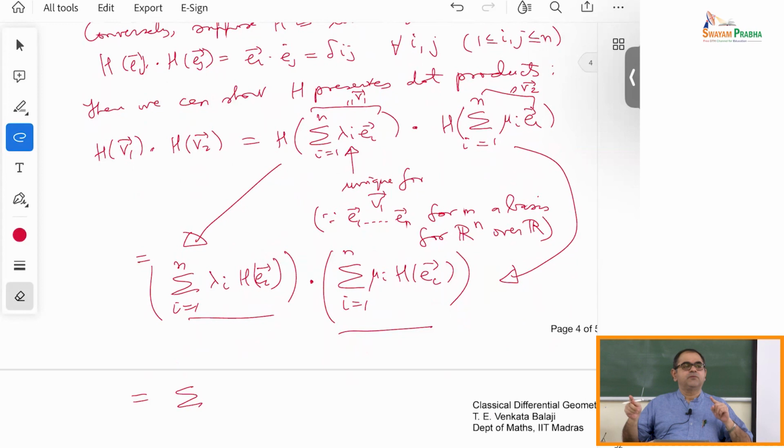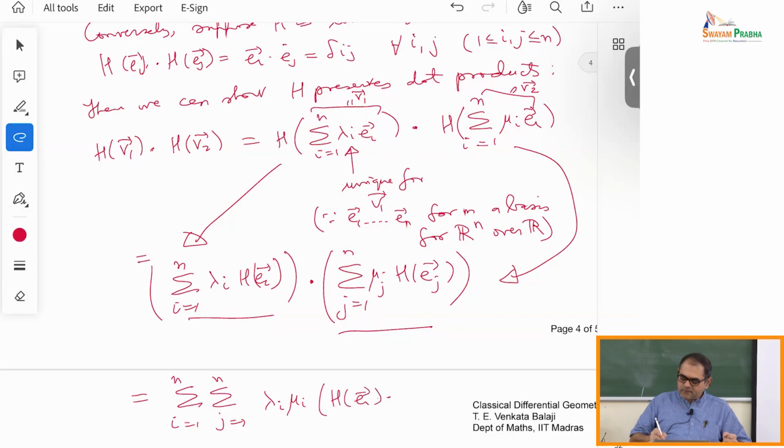Because I don't want to use the same index in both, in the second one I will make it j. Then I'll write double summation i equal to 1 to n, j equal to 1 to n, and what I will get is lambda i mu j, and inside I will get H Ei dot H Ej.